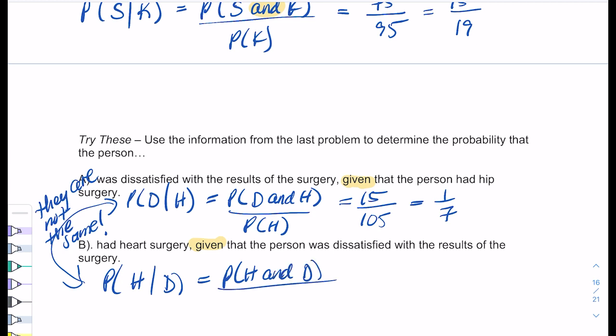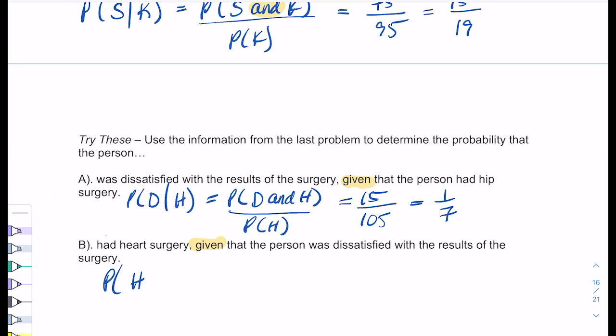That number's going to be a little bit different. I should change this because the last one was hip surgery. I don't want to make this confusing for you guys. This one's heart surgery. Let me write out the word heart so that you're not confused if I use the same letter. So it's heart and dissatisfied. Hopefully that clears it up.